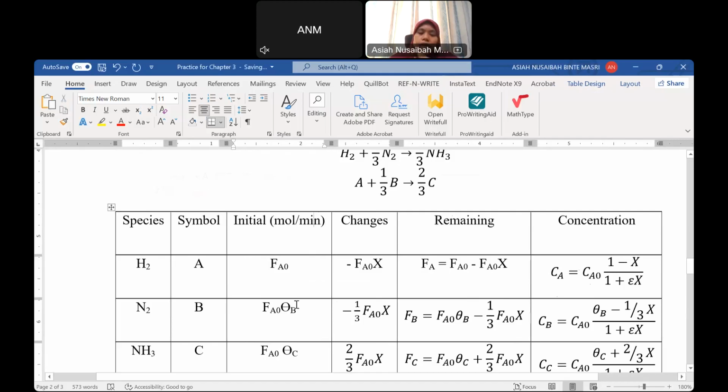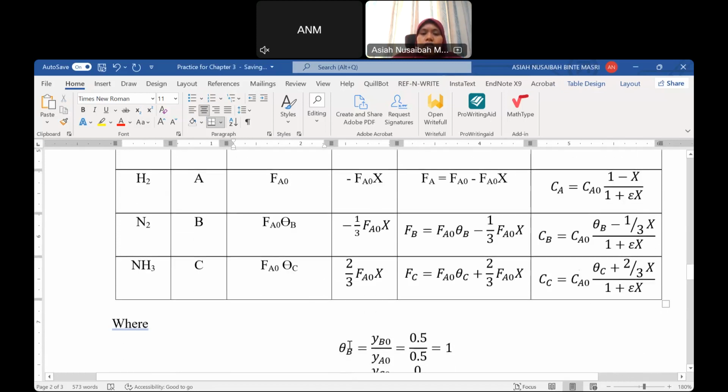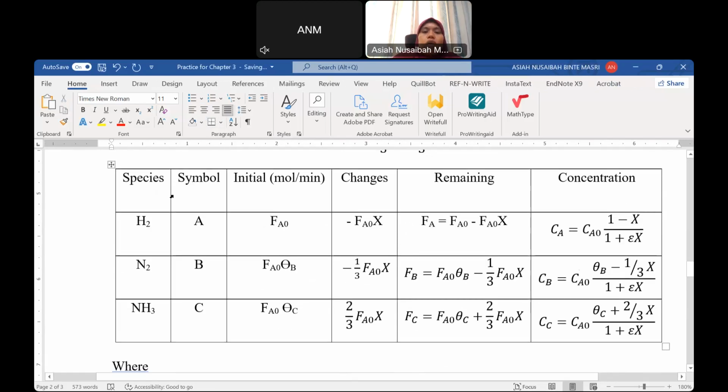Instead of writing FB naught, remember, in the standard stoichiometric table, we write FB naught is equal to FA naught times theta B. Theta B here, later on, we have to confirm how much the value is. For now, we just construct without putting any value.